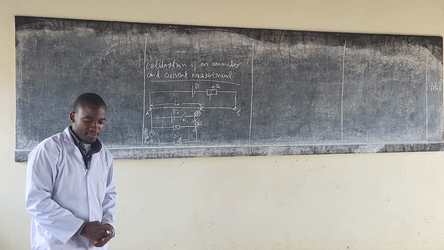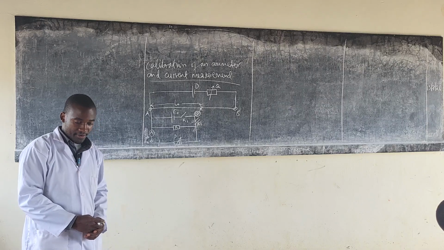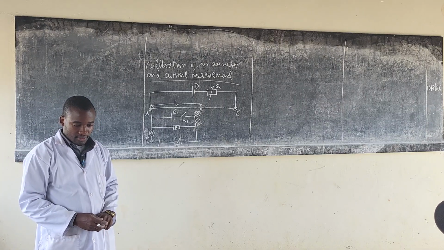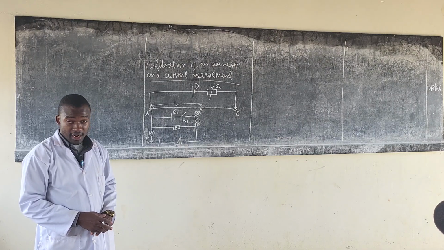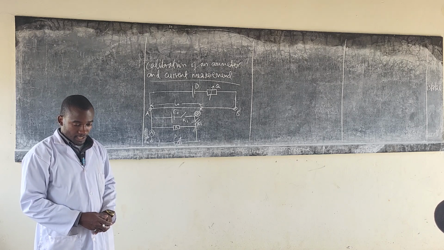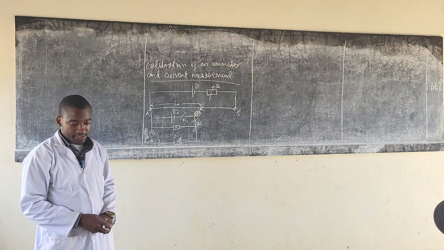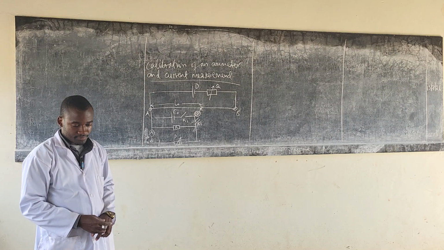Connect a standard cell of EMF E0 and a standard low resistance R, as shown above, full stop.